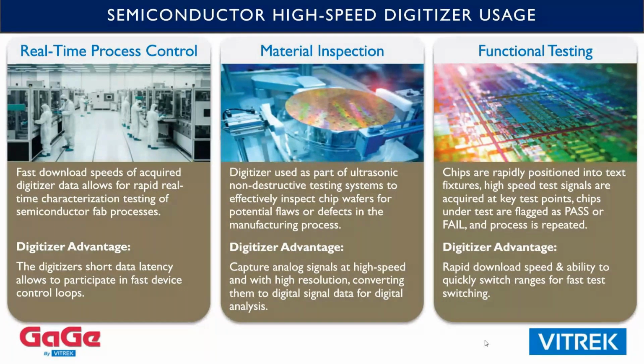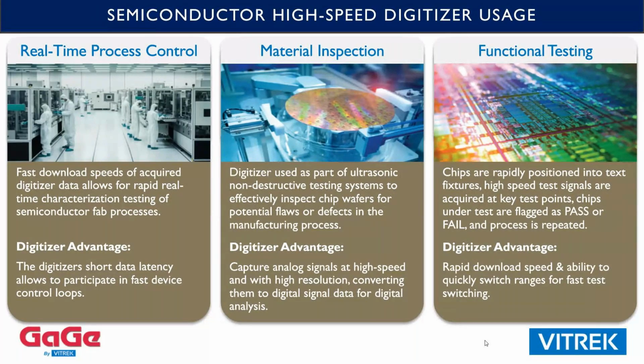control loops. For the material inspection, our digitizers are generally used as a part of a non-destructive test system to effectively inspect wafers for potential flaws or defects. And here, the advantage is the ability to capture signals at high speed with high resolution for digital analysis.